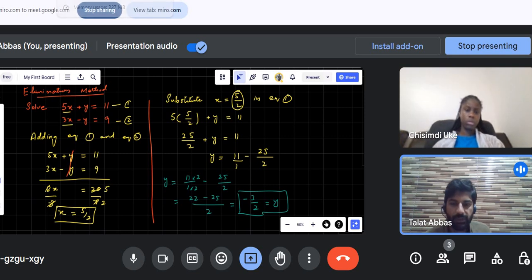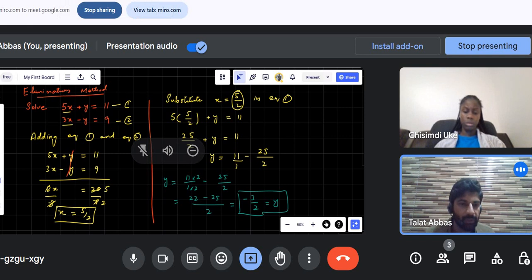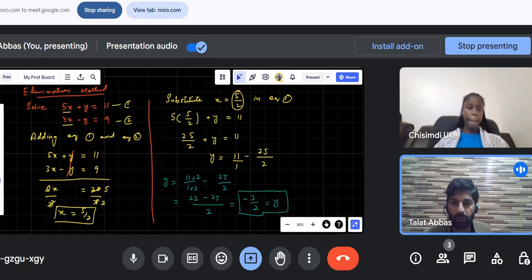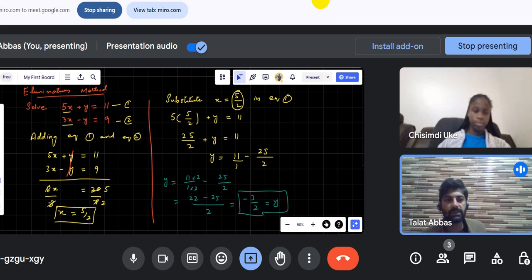Just put this x and y in equation 1 or equation 2 and simplify. Let's say you put these x and y values in the first equation, the left hand side should be 11. So this is your home task. You need to check these answers.